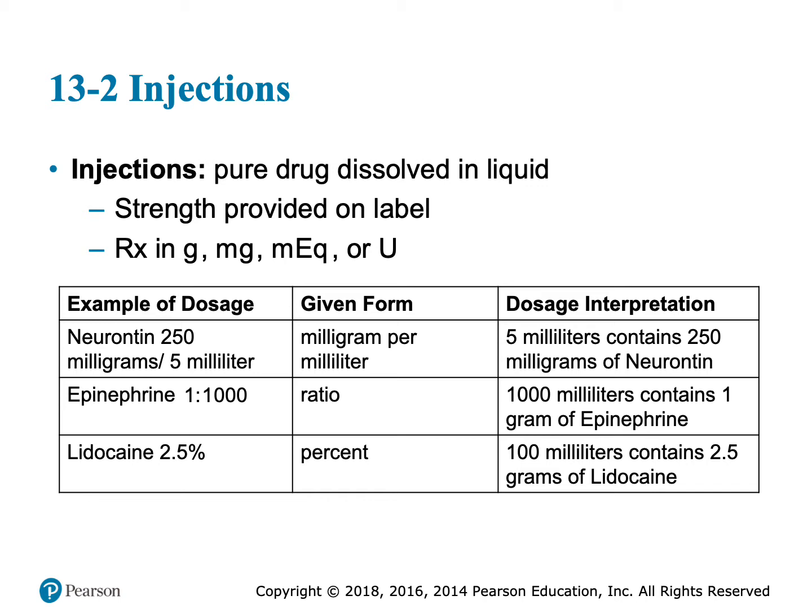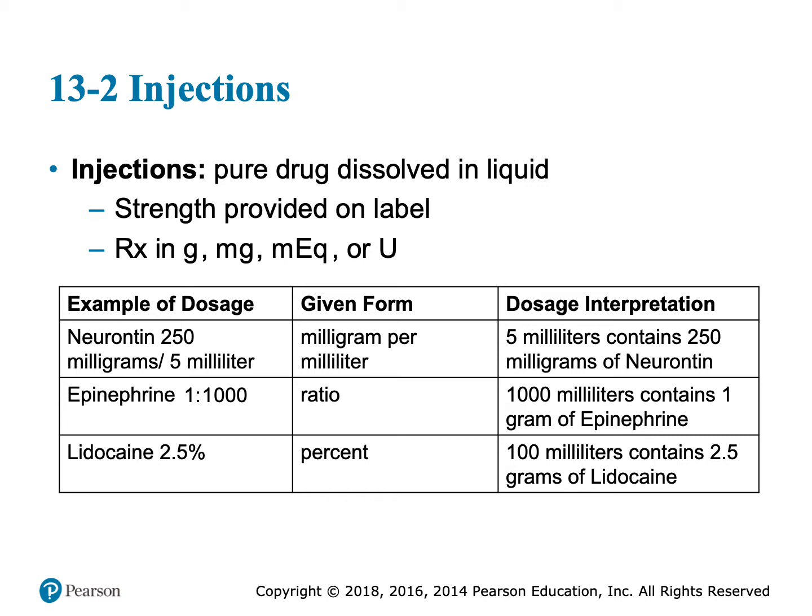Parenteral dosages are prescribed in grams, milligrams, milliequivalents, or units. The Do Not Use list from the Joint Commission suggests that the abbreviations for units not be used, and instead we just write units.